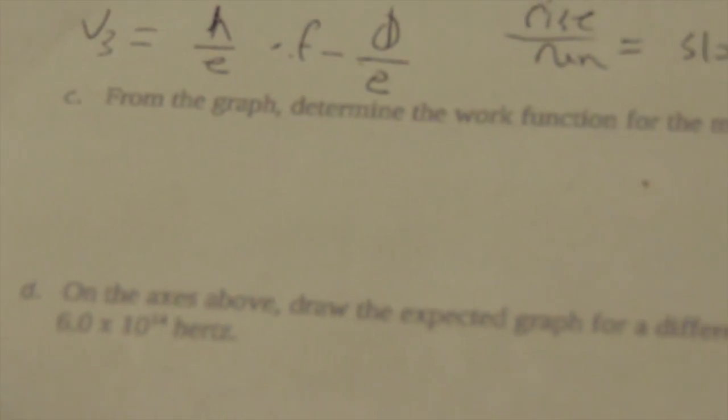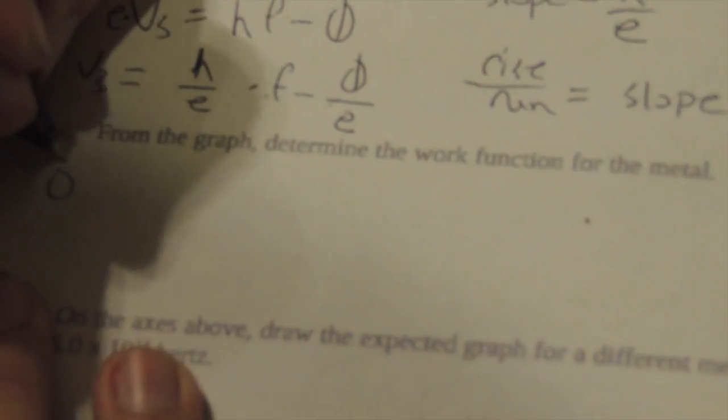Alright, so what you want to do now is find the work function. The work function is this. You use Kmax, the original Kmax formula: Kmax equals HF minus the work function.